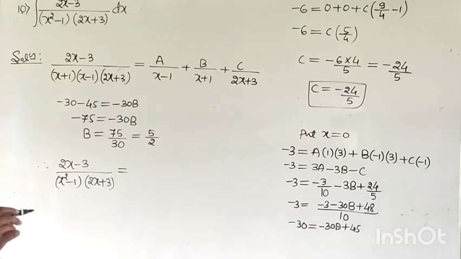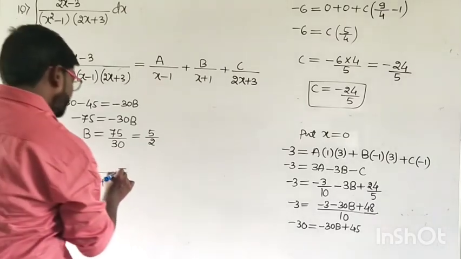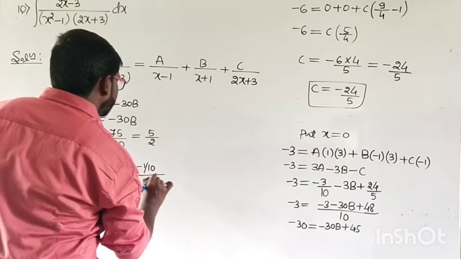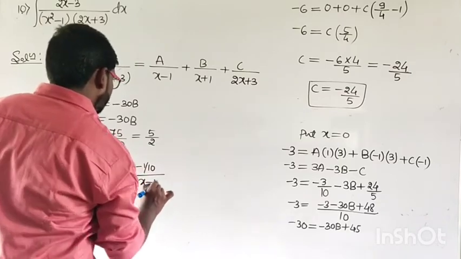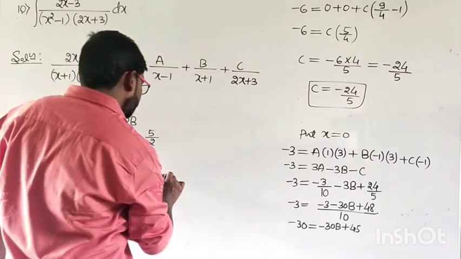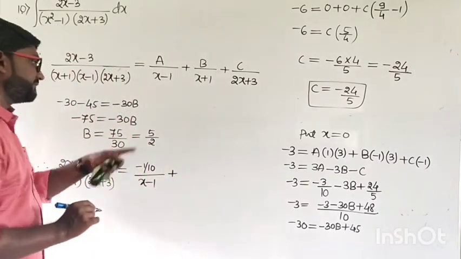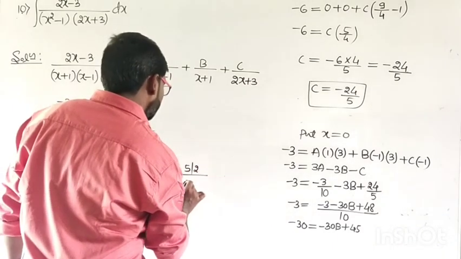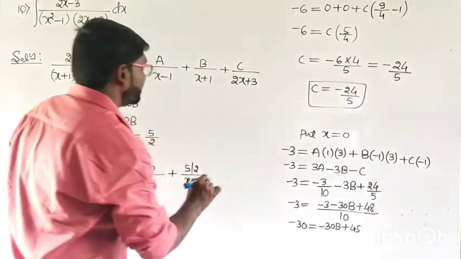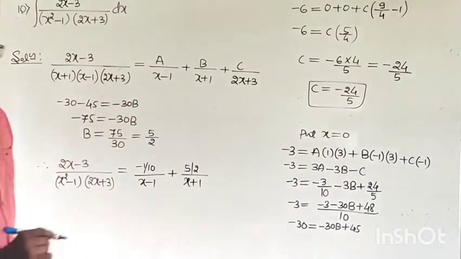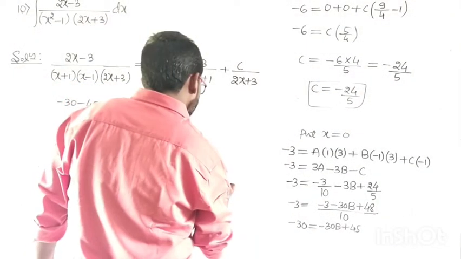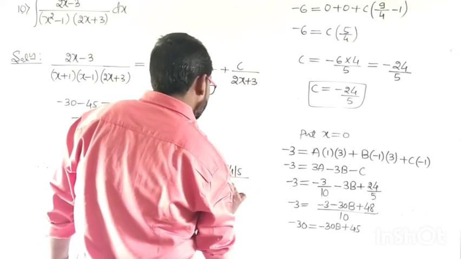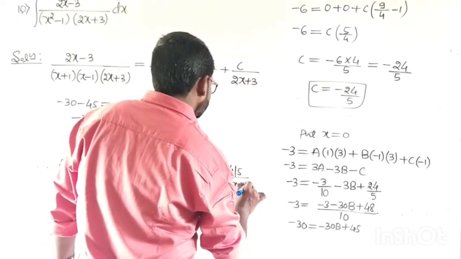So what is the value of A here? A is minus 1 by 10, minus 1 by 10 over x minus 1, then plus the B value, which is 5 by 2, 5 by 2 divided by x plus 1, then the C value, which is minus 24 by 5, so minus 24 divided by 5, then whole divided by 2x plus 3.